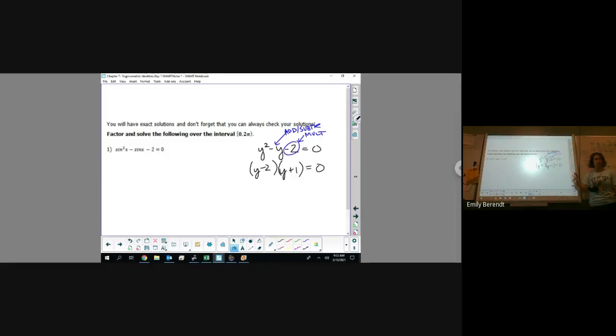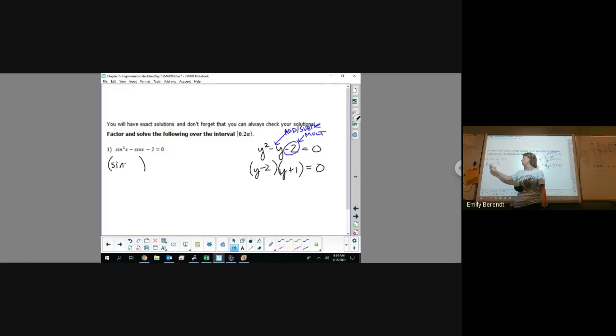And then from here, what would we do if you were solving? Set them both equal to 0, solve for y. So if you can do this part with algebra, you can do it with trig words. So we're going to go over here to the trig words. Instead of y minus 2 and y plus 1, what are we going to have?